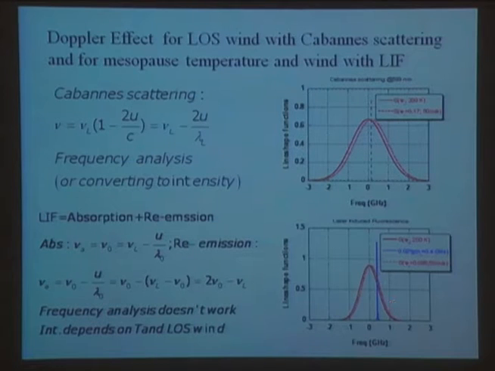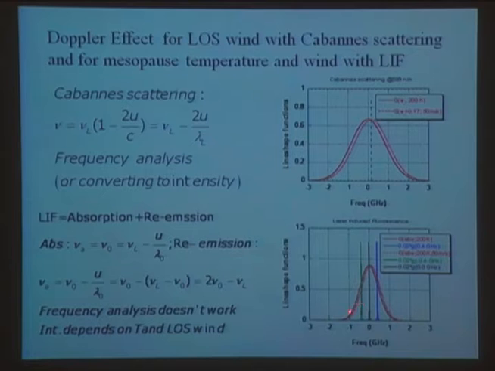Furthermore, it doesn't really help because this frequency is always in the same location once the laser frequency is fixed and the resonance frequency is obviously fixed. And so you cannot measure wind by knowing the location of the emitted frequency. However, the intensity you get is really equal to the product of this very narrow line times the population of the velocity group, which is indicated by the red curve.